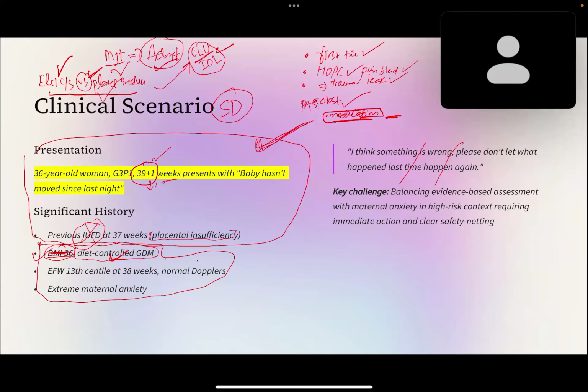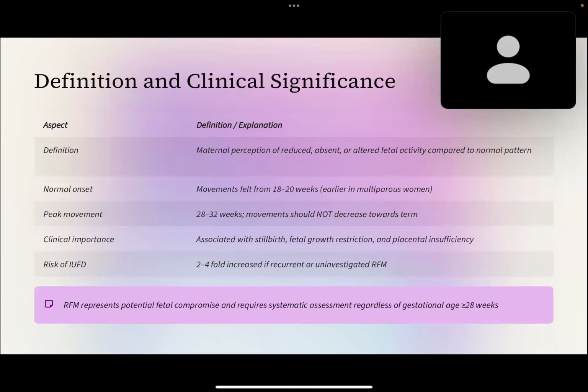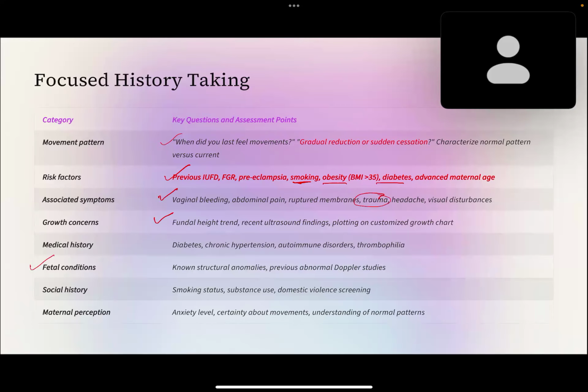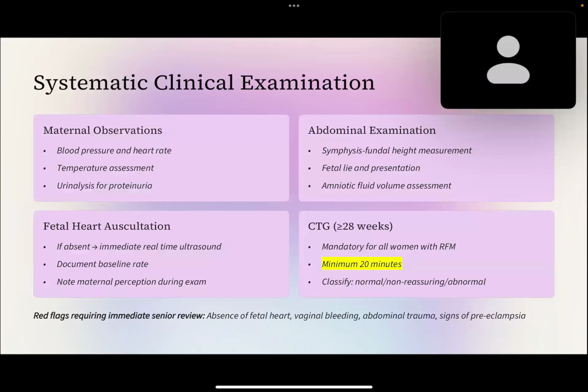So this time you have to inquire about placental localization and whether Doppler studies have been done or not. In patients with reduced fetal movement, it is very important to ask about narcotics use, domestic violence and trauma. Otherwise, she will say reduced fetal movement again and again.